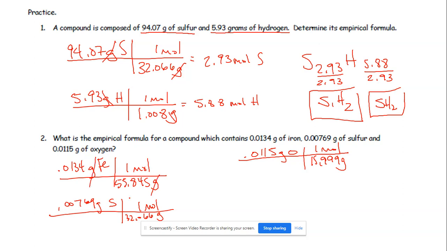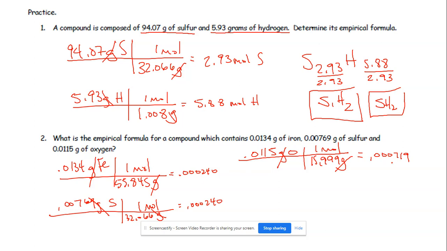Grams top and bottom cancel out in each and every one of these elements. And then we get some mole numbers. So for iron, we end up with a lot of zeros. And here, a lot more zeros. And once again, a bunch of zeros.